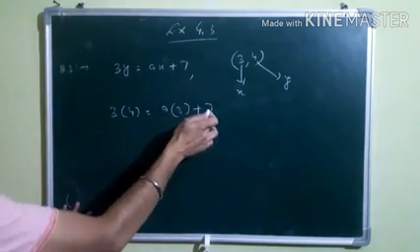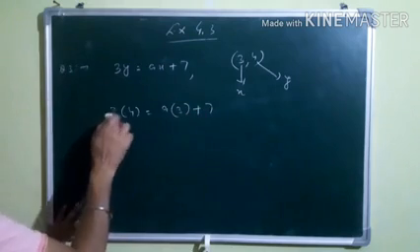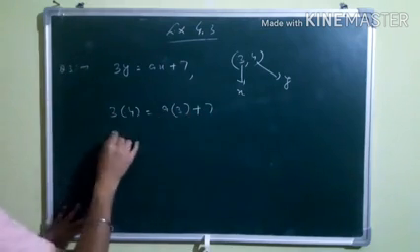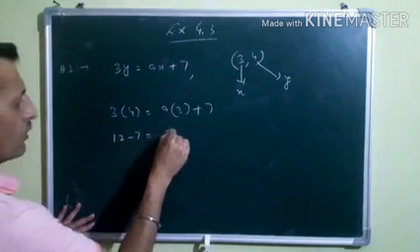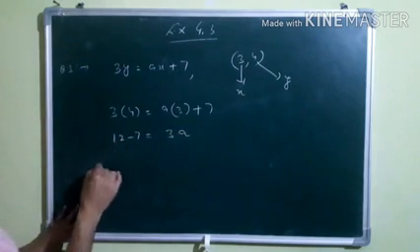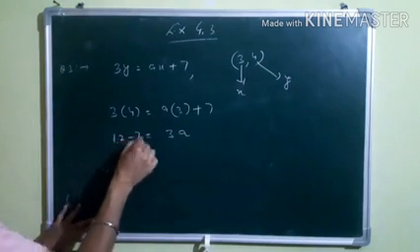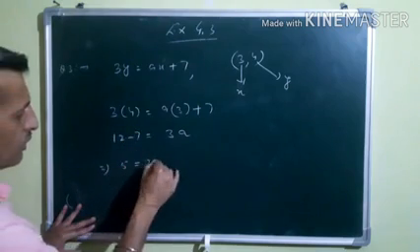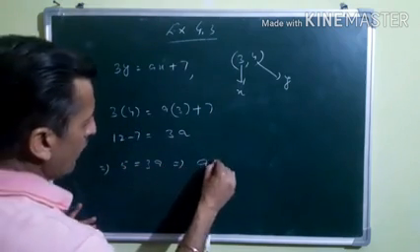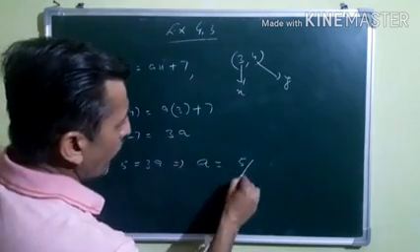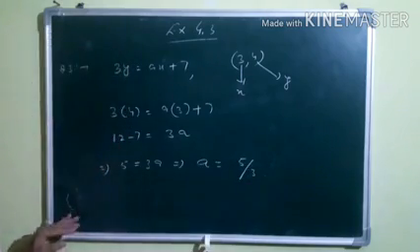So naturally we have to shift this 7 from right to left. 3 fours are 12, so 12 minus 7 is equal to 3a. So 5 is left: 12 minus 7, that's 5, is equal to 3a. This implies a is equal to 5 upon 3. So this is the solution for question number 3.